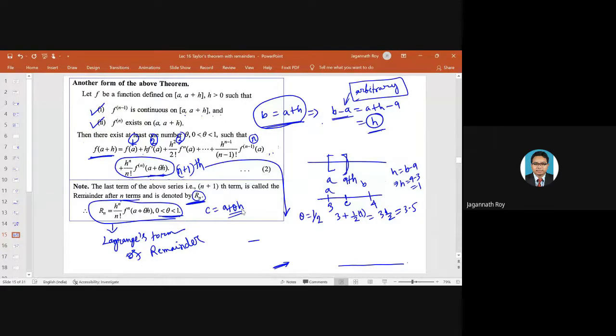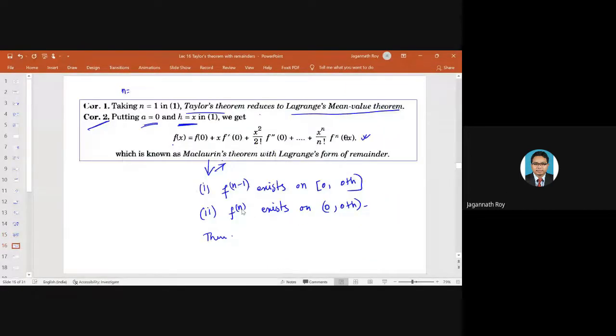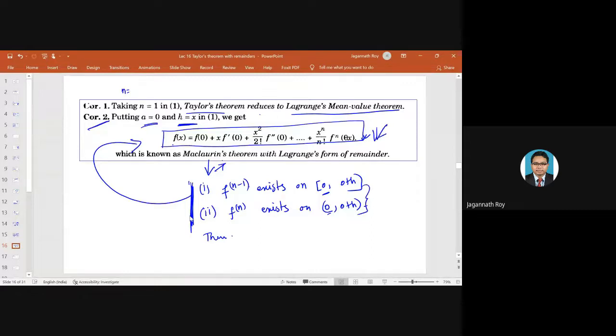So these two assumptions will hold, with 0 written instead of a, and then we write it in this form. These are the assumptions. This is the final expression. If these are satisfied, then this will hold. So this was Maclaurin's theorem.